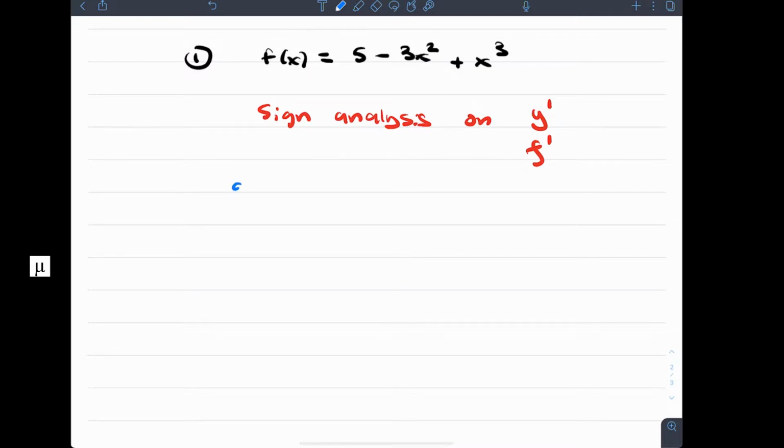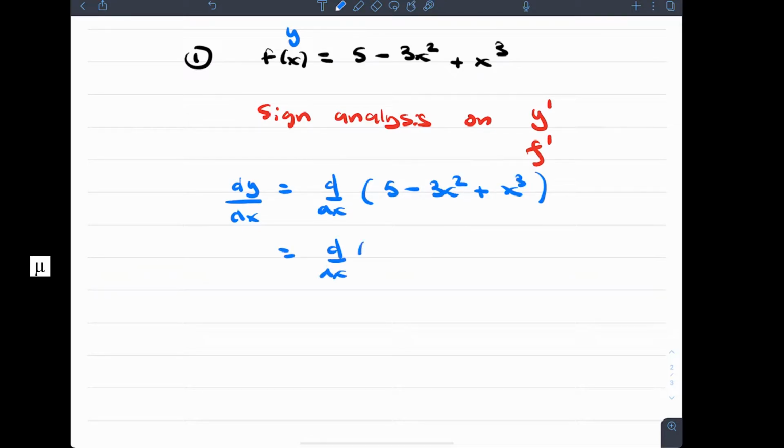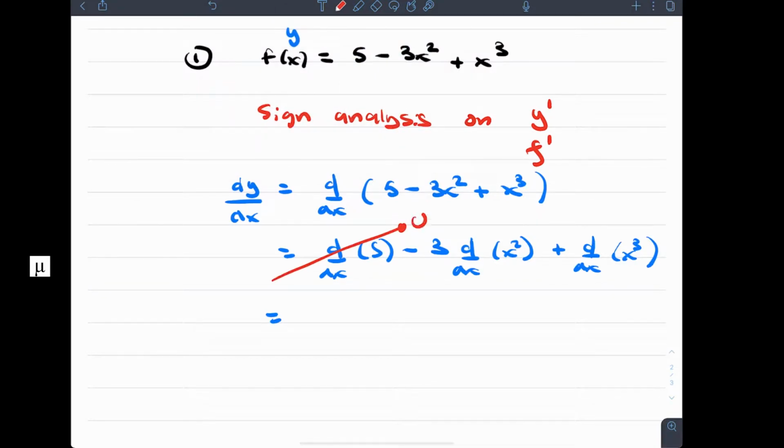Okay, so if I said, let's find the derivative here, right? Remember, you can replace this with y. So what is dy dx? Okay, you have to do this. 5 minus 3x squared plus x cubed. Do what? Properties here. You get what now? 0.